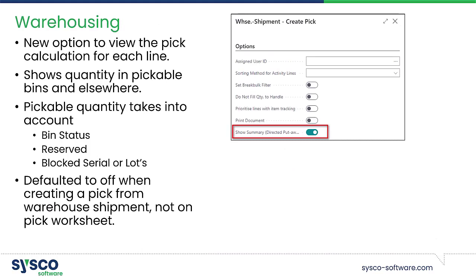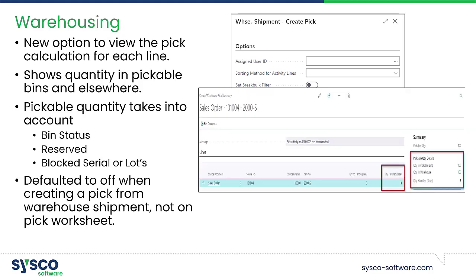Continuing on with the warehousing changes, there's a new option on the create pick, which you can use when you're creating the pick from the warehouse shipment, and this will give you in effect a pick summary. This will highlight items which are not going to be fully handled.